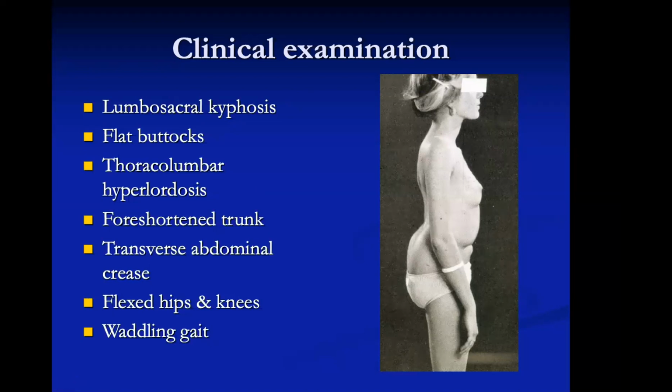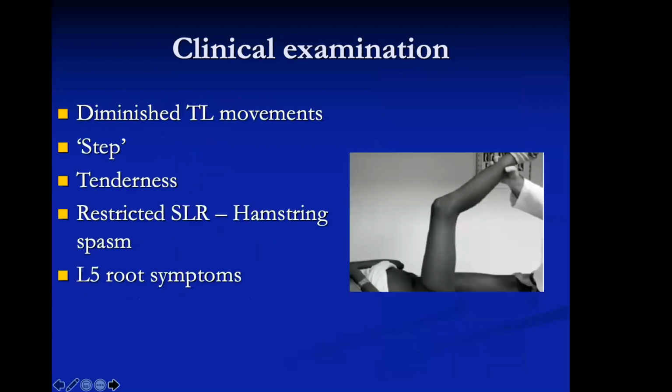All these are compensatory mechanisms: lumbosacral kyphosis, flat buttocks, thoracolumbar hyperlordosis, flexed hips and knees. Because of these features, the patient has a waddling gait. These compensatory mechanisms have a role in management, which I'll discuss when it comes to management.